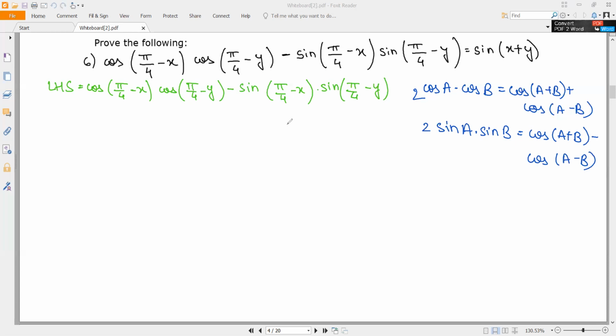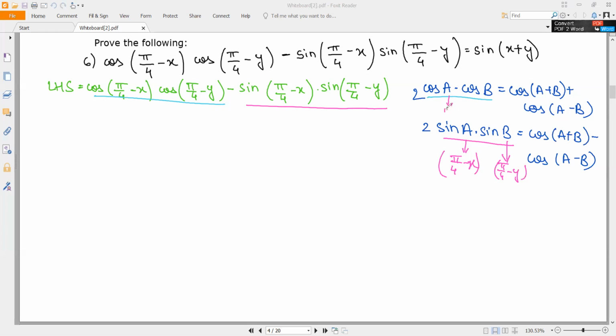Now here we have this value, cos A into cos B in terms of this, and then we have this value, sin A into sin B as this. So by default, your A over here will be pi by 4 minus x, and your B over here will be pi by 4 minus y in both the cases.